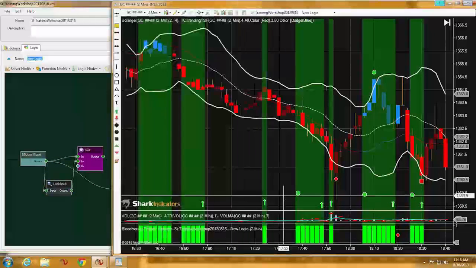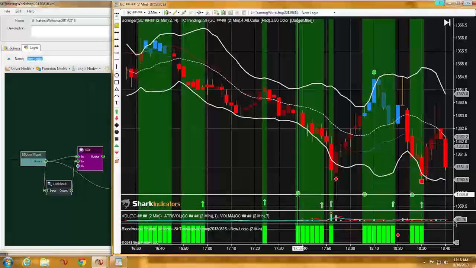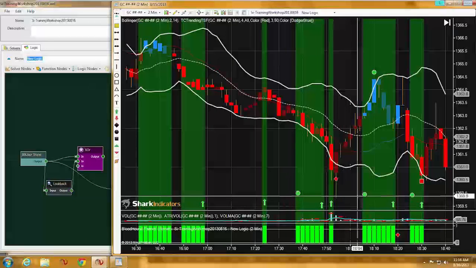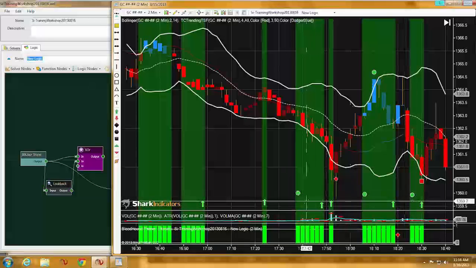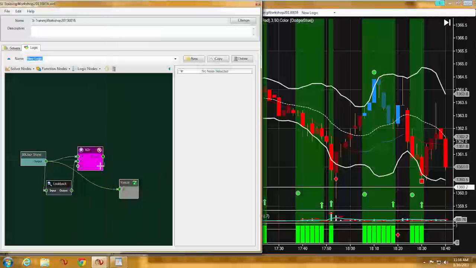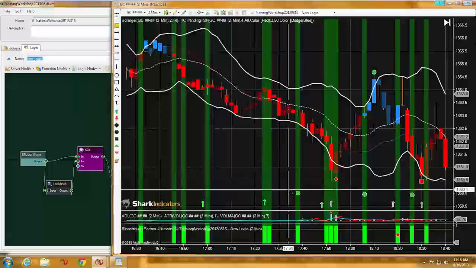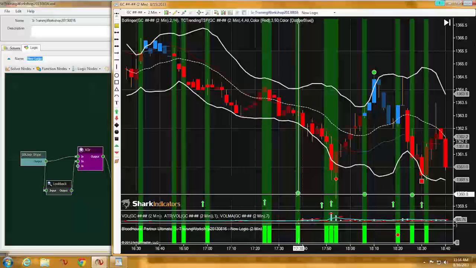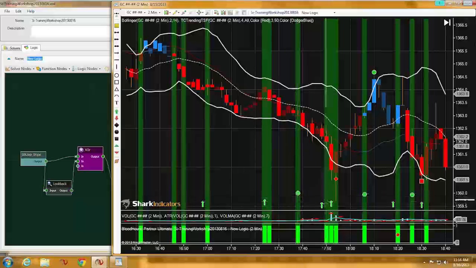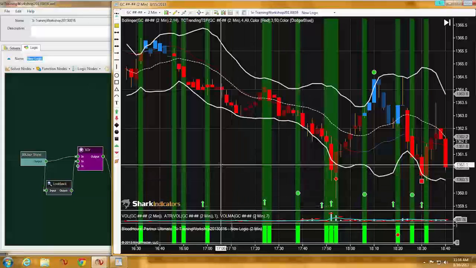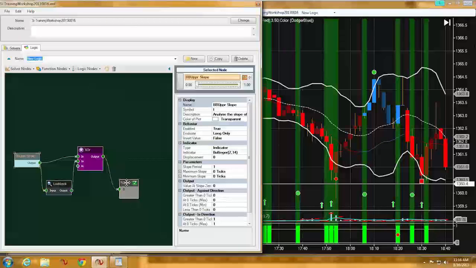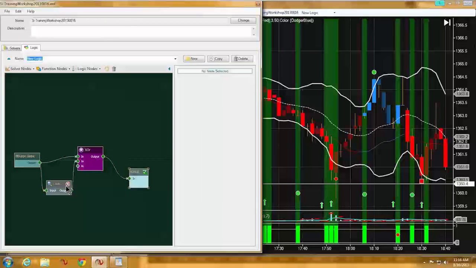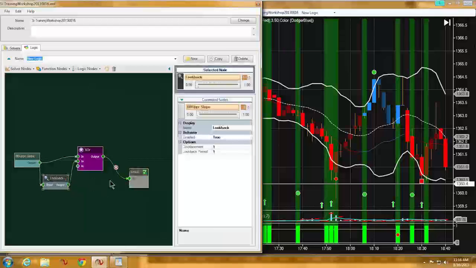We can see when a signal starts up, you notice how all the dots here are marking the first bar of the signal, and so out of the XOR node, we're getting the first entry signal marked and the bar afterwards. Okay, I'll have to work on that in just a moment.